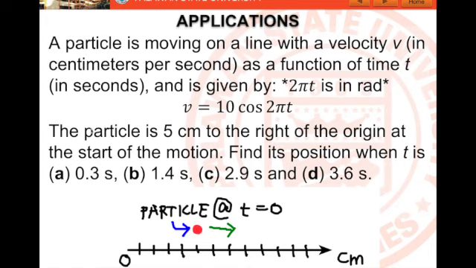As you notice, we are given an initial condition, which is that the position is 5 centimeters and the time is 0 seconds. So maybe now you have a hint that this problem will be involving a particular solution of a differential equation.